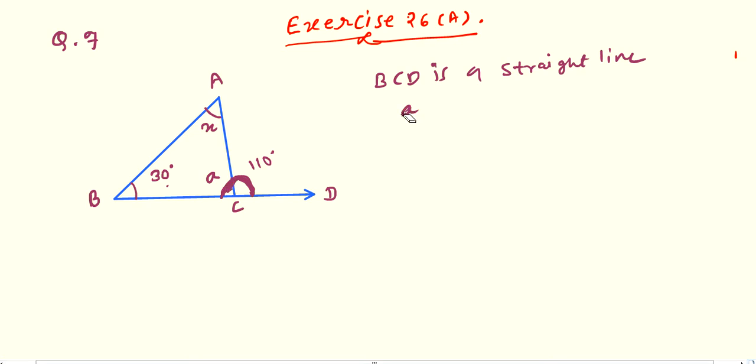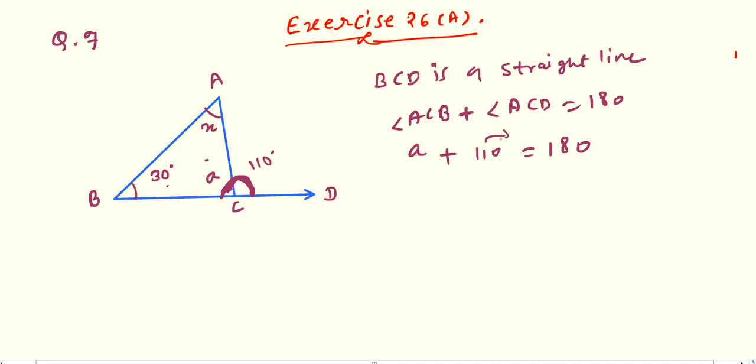So you can write angle ACB plus angle ACD equals 180 degrees. Angle ACB is a and angle ACD is 110, equals 180.